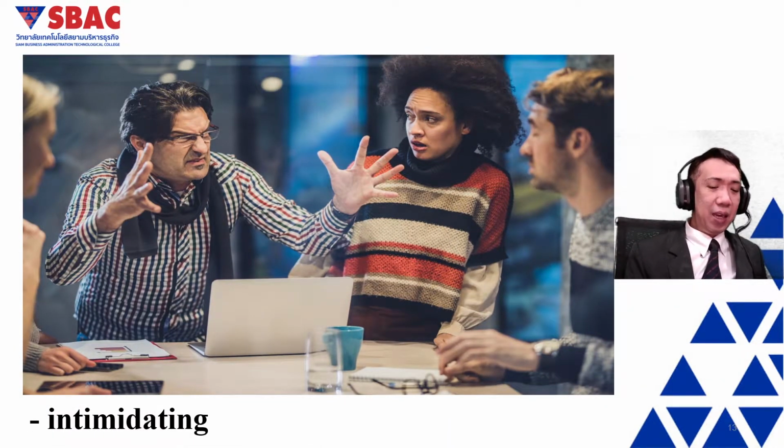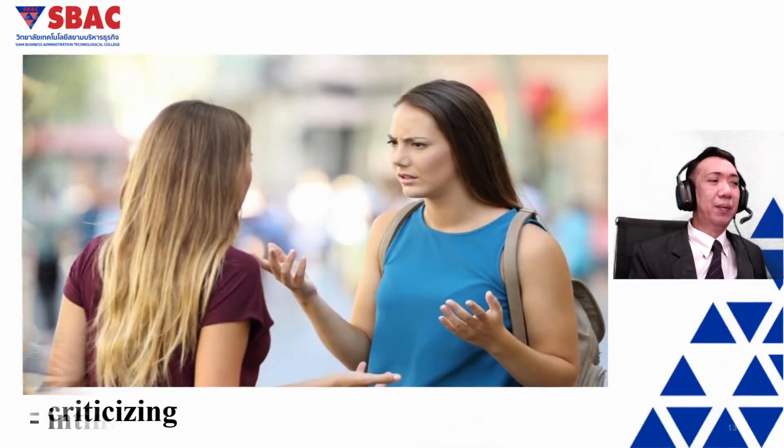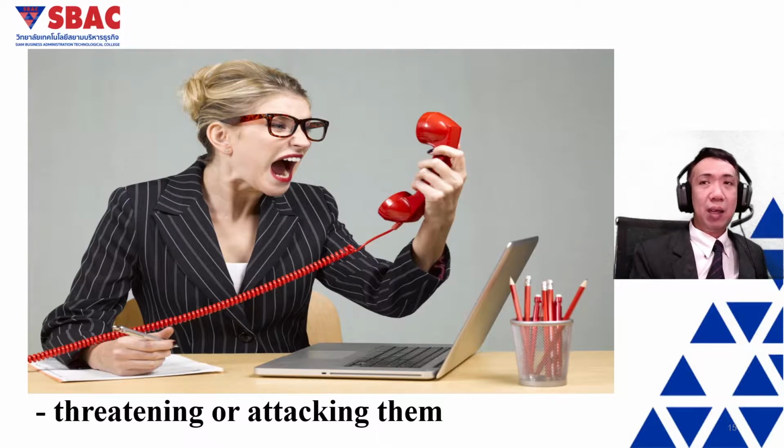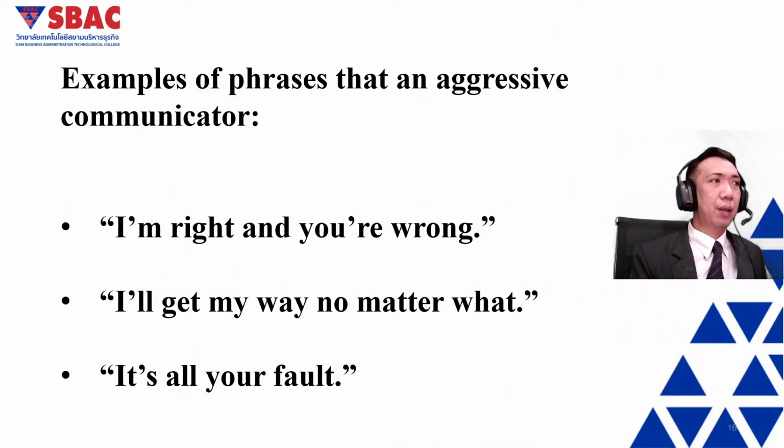They can be intimidating, criticizing, or threatening to attack the person they're talking to, either face to face or over the phone. Some of the phrases that aggressive communicators use are "I'm right and you're wrong," "I'll get my way no matter what," "it's all your fault."